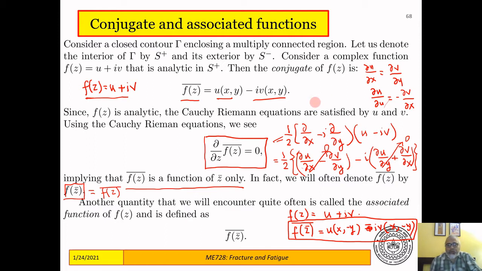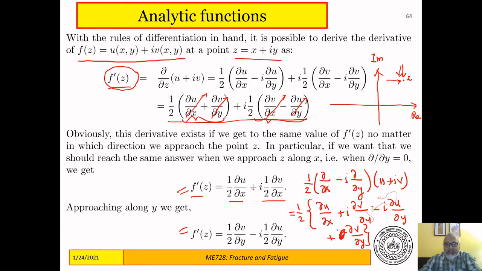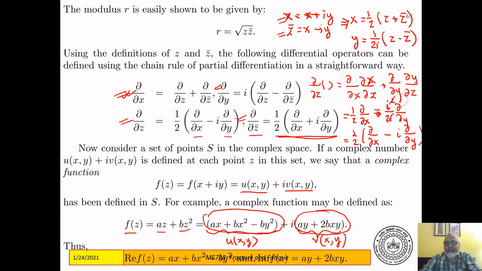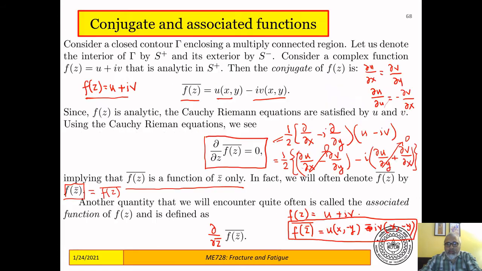Now what we are going to show is that this function does not depend on z̄. This is not a function of z̄. To do that, we will take ∂_z̄ of this. Again, look at the expression for ∂_z̄. It's 1/2 (∂_x + i ∂_y). So what we are going to do is 1/2 (∂_x + i ∂_y) of u(x,−y) minus i v(x,−y).